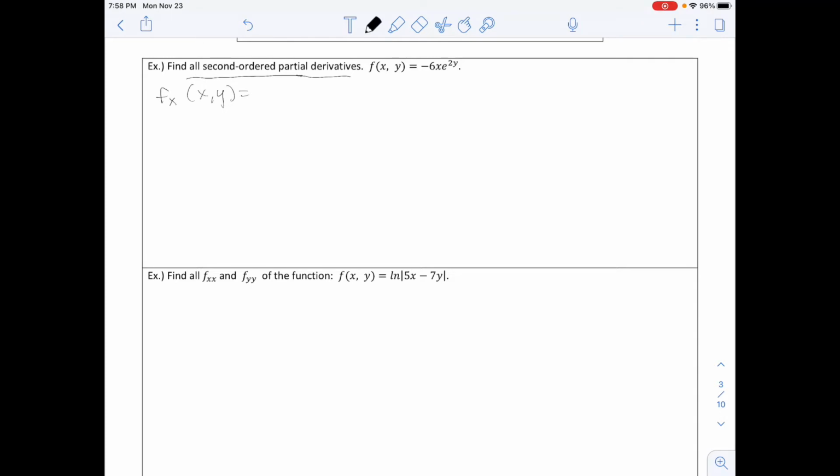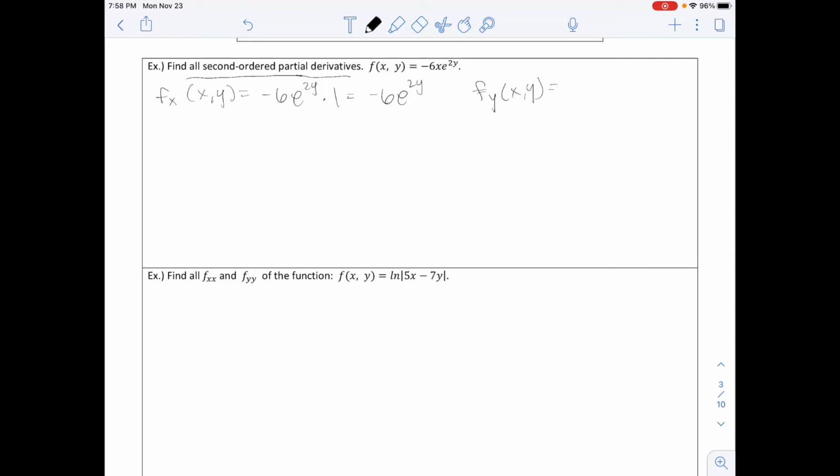So our terms that are going to be our constants are going to be negative 6 e to the 2y times the derivative of x, which is just 1. So I'm going to go ahead and just clean that up a little bit. Negative 6 e to the 2y. And then we also need to find the partial with respect to y of our function.